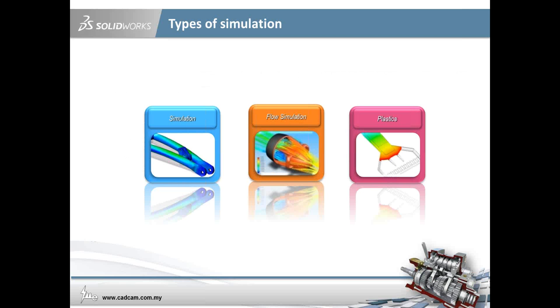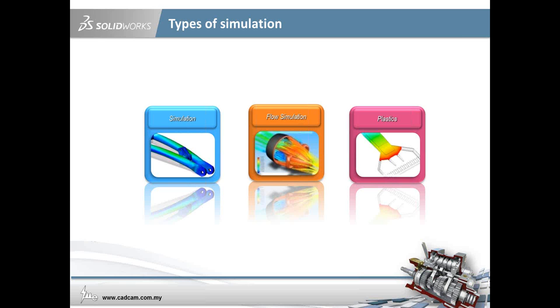In simple terms, there are 3 types of simulations that we can consider. And to be very honest, all 3 of these simulations are widely used in the automotive industry. First of all, the finite element analysis, or what we call SolidWorks Simulation. And then we have computational fluid dynamics, which is Flow Simulation.